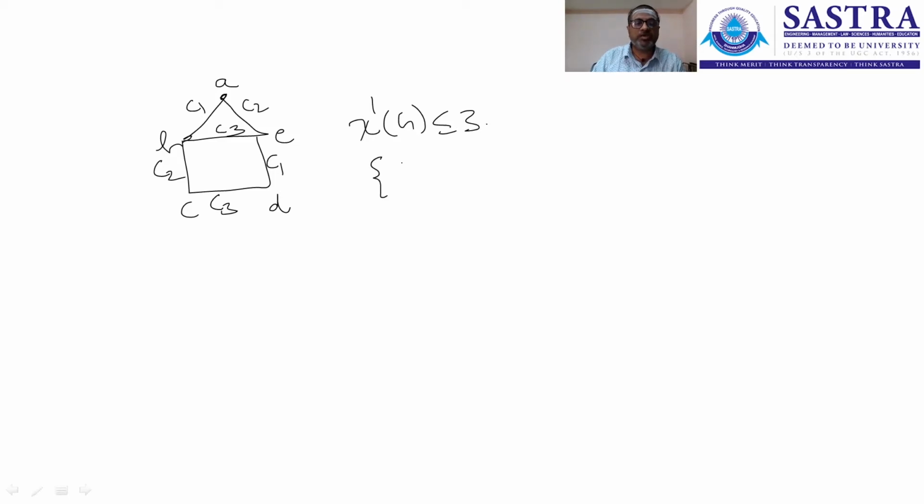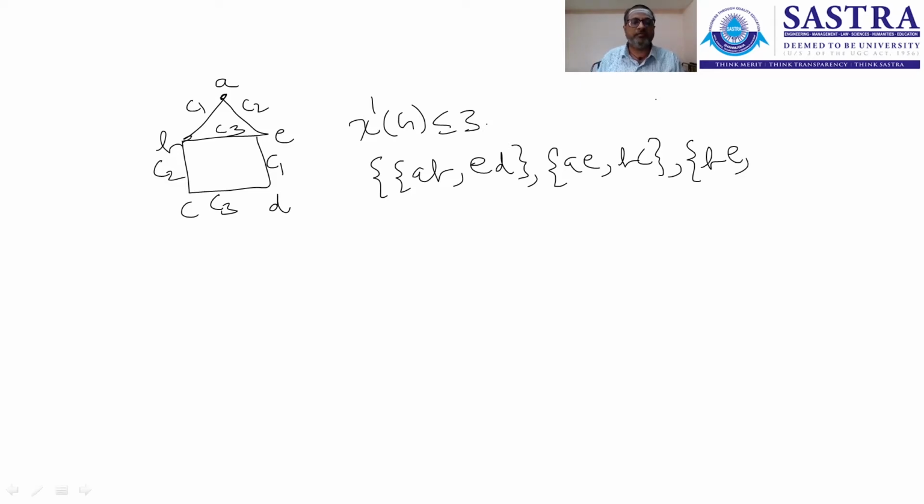So what was the partition here? AB and ED, then AE and BC in this set, and the last one would be BE as well as CD. So now I have told you that this is less than or equal to 3.